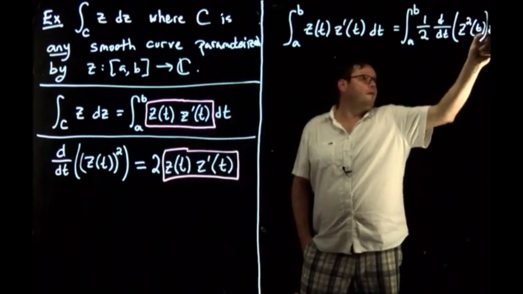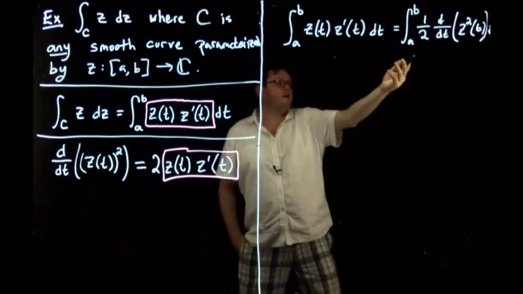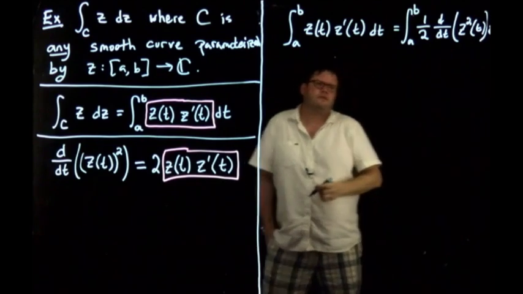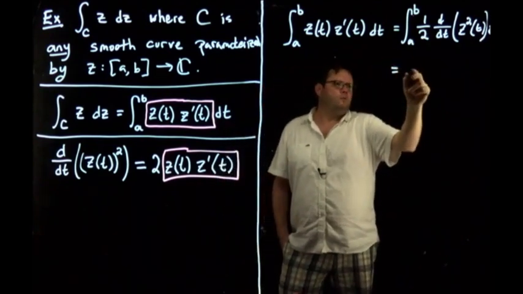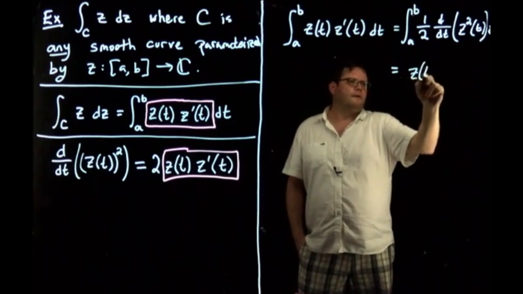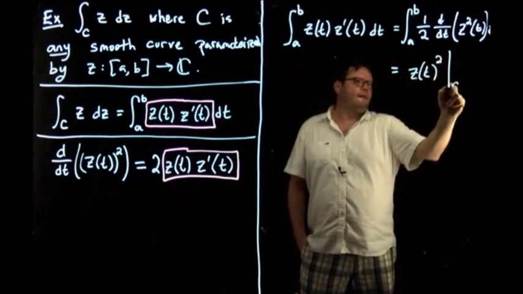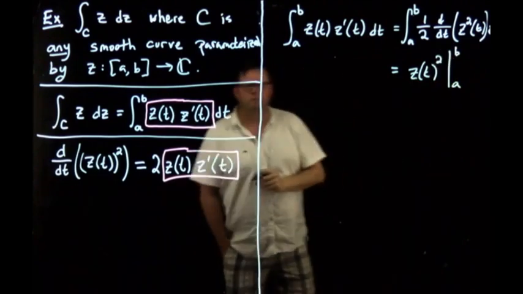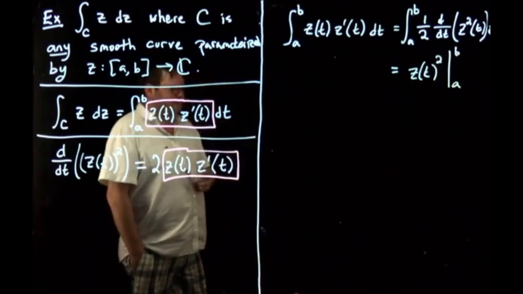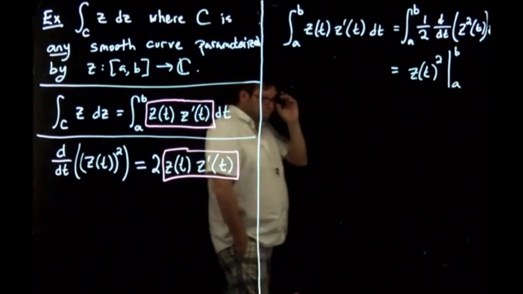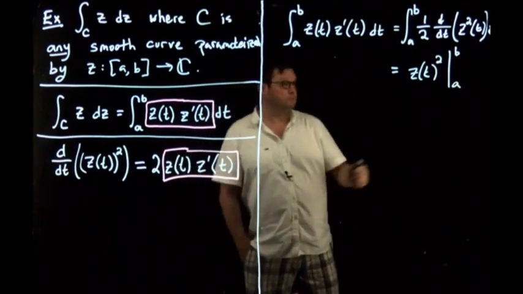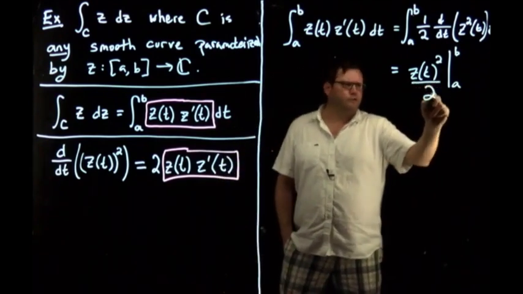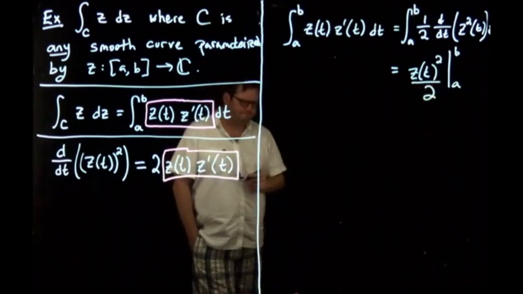Now, of course, the constant comes out, and then we're integrating a derivative. So by the fundamental theorem of calculus, those two things undo themselves. So we end up with z of t all squared evaluated between b and a, with the constant 1/2, which I almost forgot.